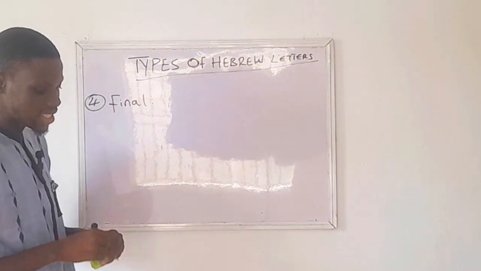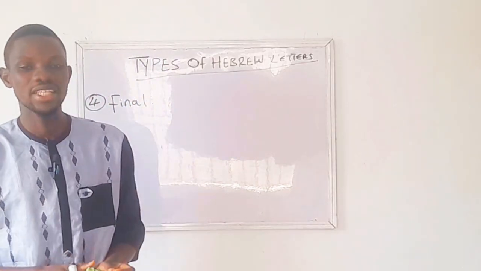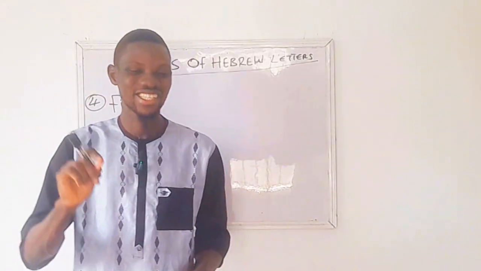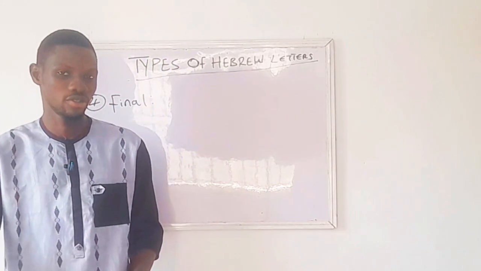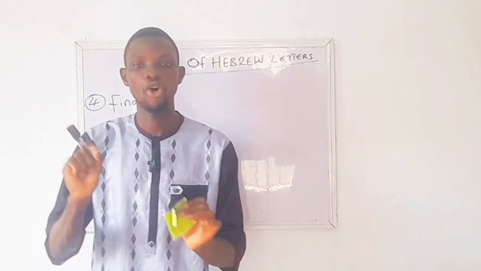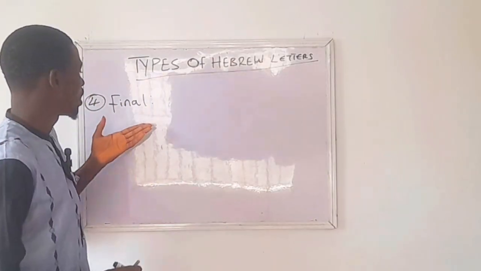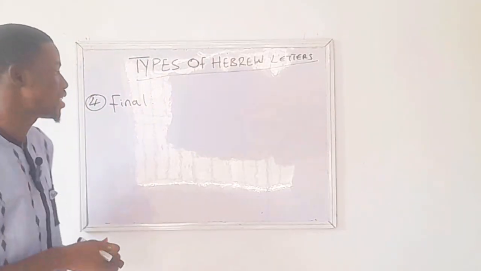We have letters that change their form. Don't get it twisted. Alternate letters are letters that change their sound or pronunciation depending on whether there is a dagesh in the letter or not.